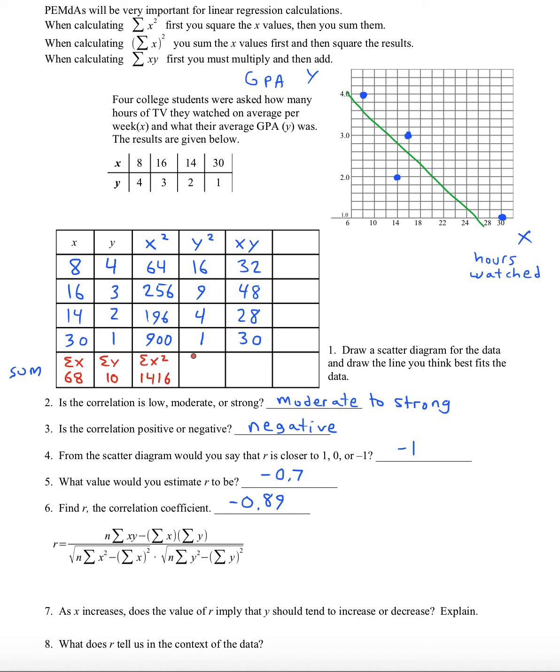The sum of y squared is 30. The sum of x times y is 138. Now, if you wish, you can write those sums down, just for reference.